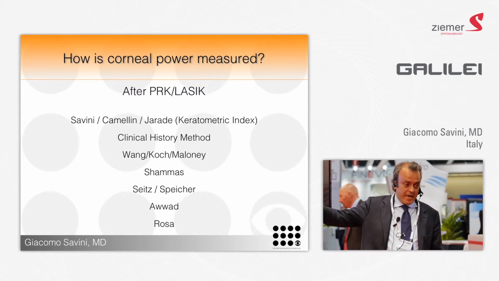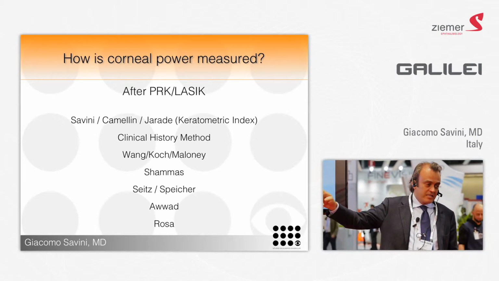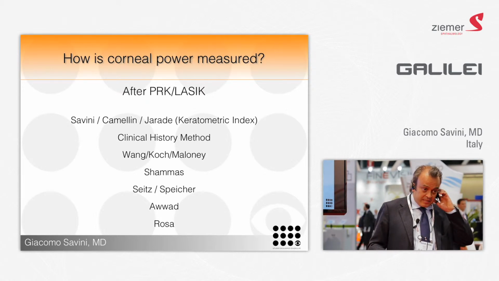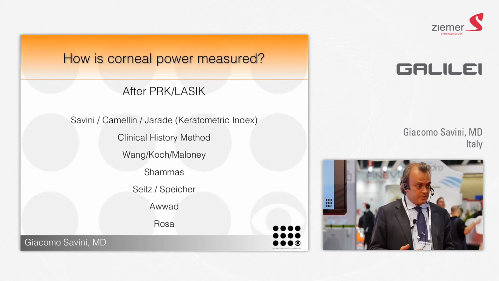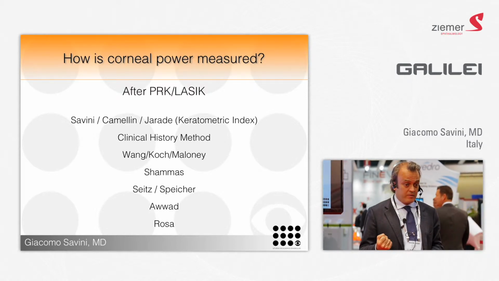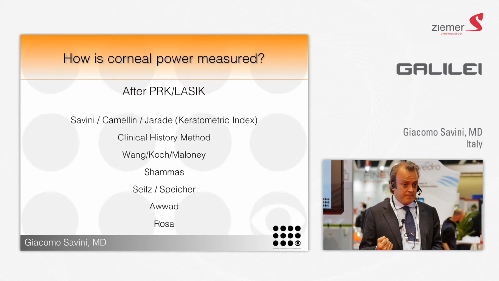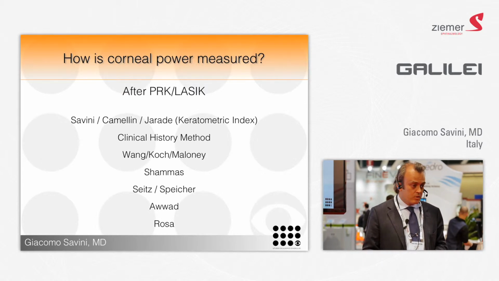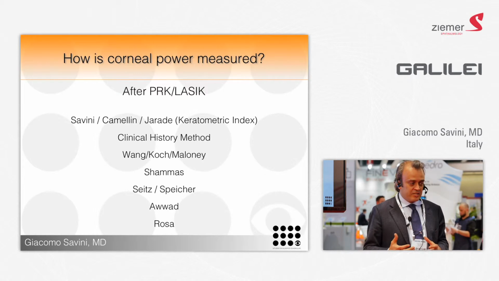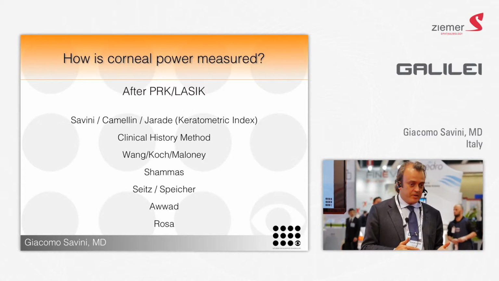The Spiker method has been known by very few people, but we have published that it is the most reliable one, because it does not depend on the amount of correction. You just need to know the preoperative K, and there is a weight and adjustment that I did also without preoperative K.